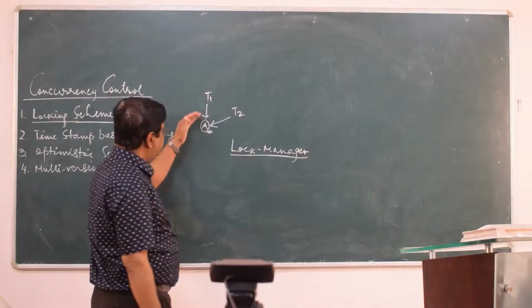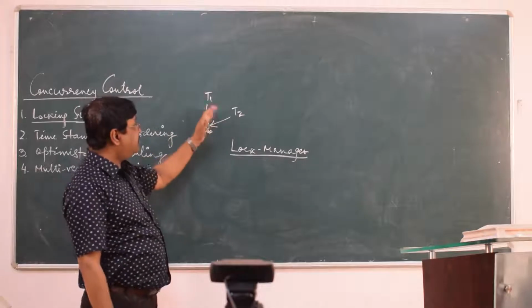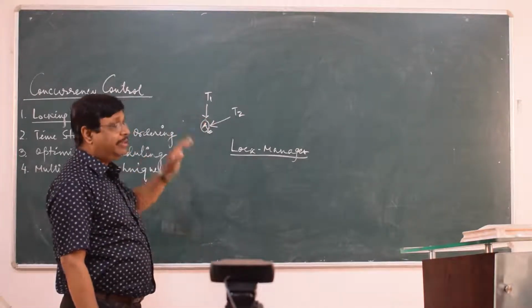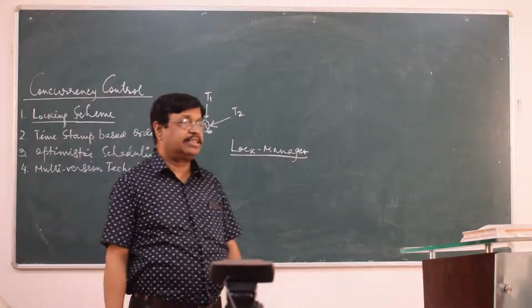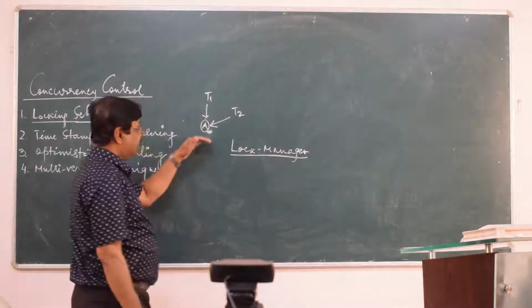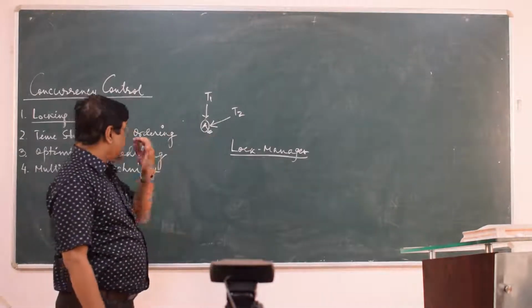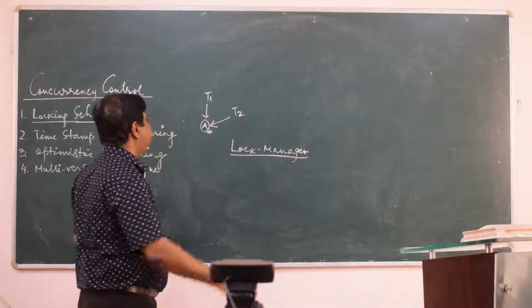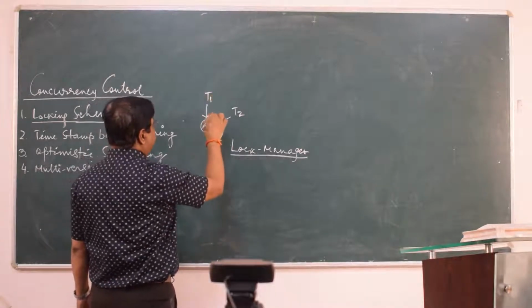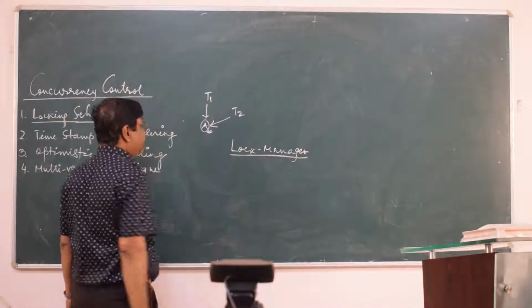Here, which transaction would get the lock accessibility to A depends upon the first come first serve basis. Means the transaction that arrives first gets the lock on A, and another transaction is queued. So suppose T1 gets the lock on A, T1 locks it.